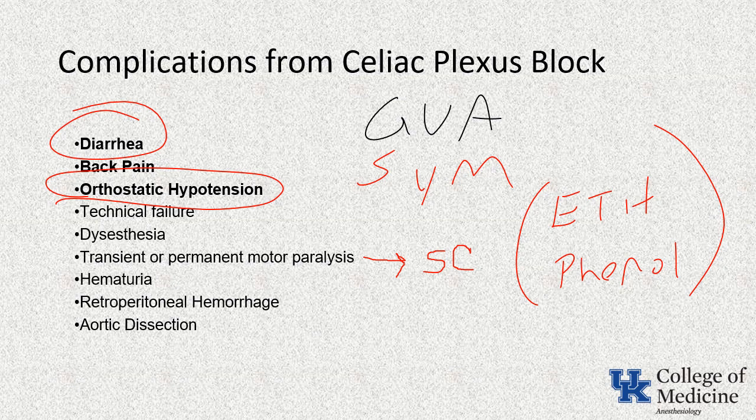Retroperitoneal hemorrhage can occur both by the transaortic approach, but also even if you're doing a retrocrural approach and you do the left side and then the right side, if by chance the needle gets in the inferior vena cava on the right side, it can lead to retroperitoneal hematoma.